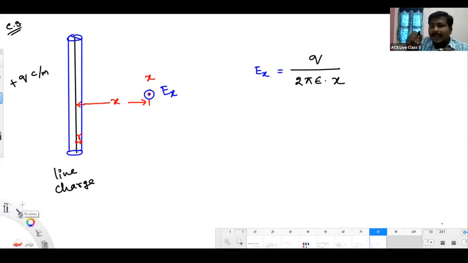If I am moving this point x onto the conductor surface, then definitely we will get the field intensity on the conductor surface. Yes or no? Tell me, all of you.